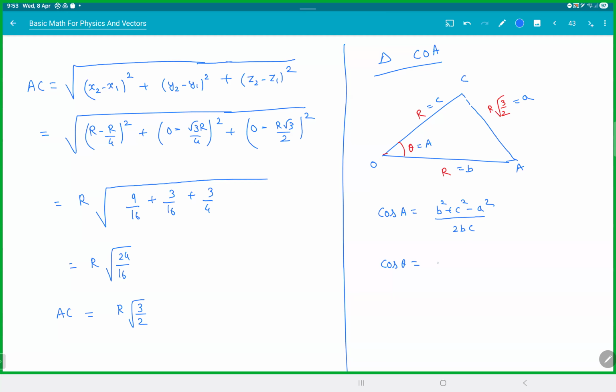So from here we get cos theta, which is R square plus R square minus 3R square by 4 by 2 into R square. That would be 2 minus 3 by 4, that's 5 by 8. Cos theta is 5 by 8. Not a standard angle, but yeah.